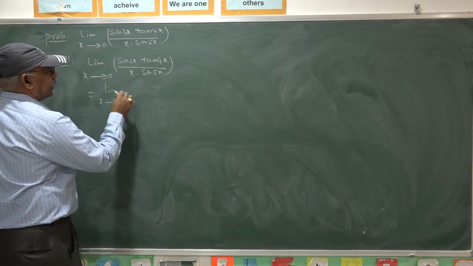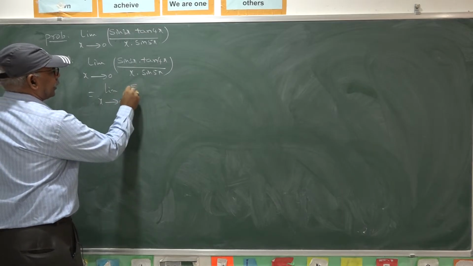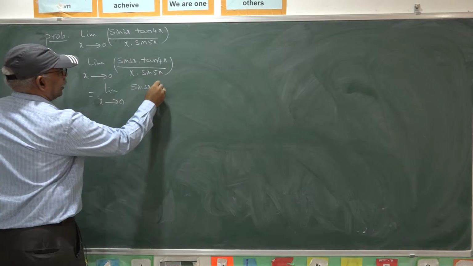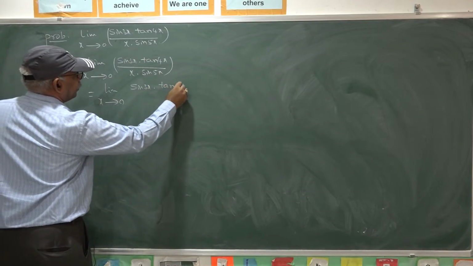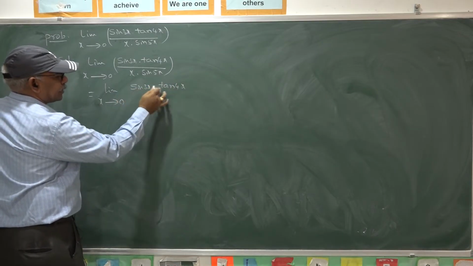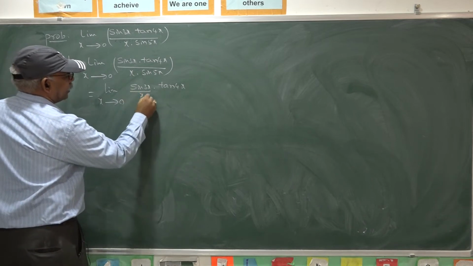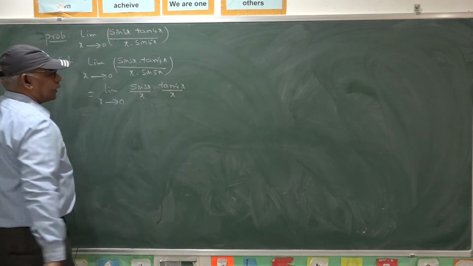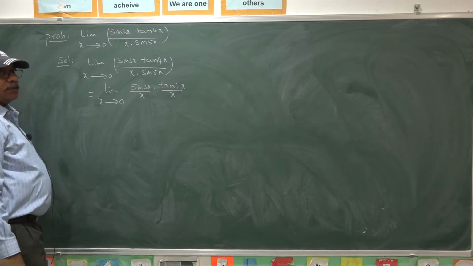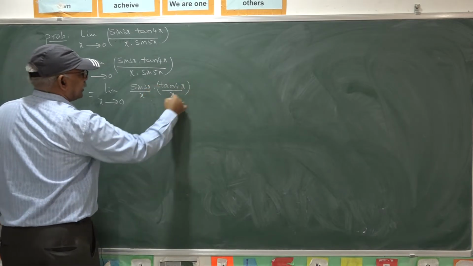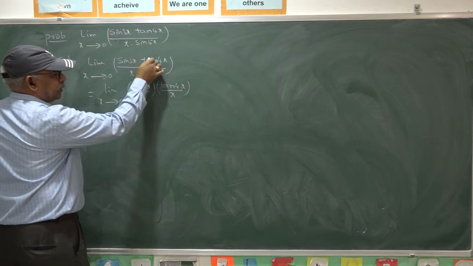For that, divide the numerator and denominator. Here in the numerator we have two functions, namely sin ax, suppose tan bx form. So write here sin 3x by x and tan 4x by x. That means I am dividing the numerator with x square.